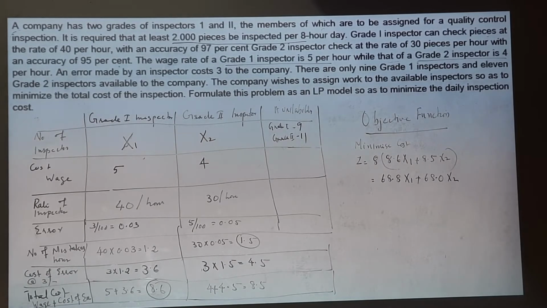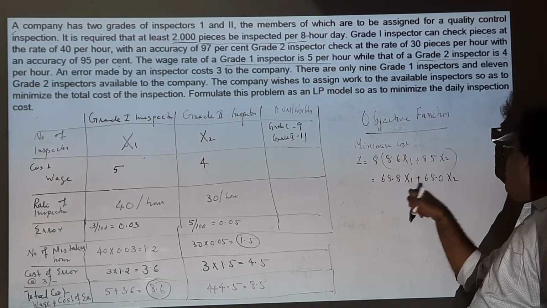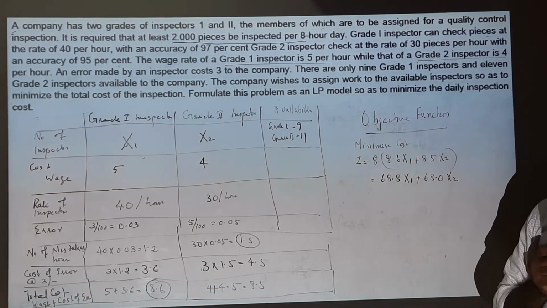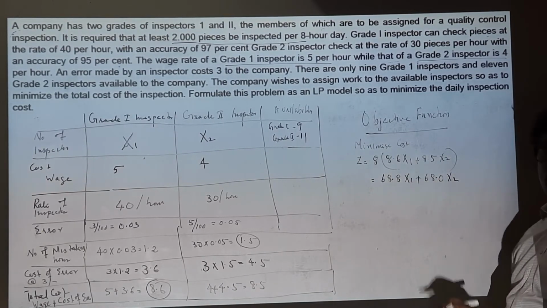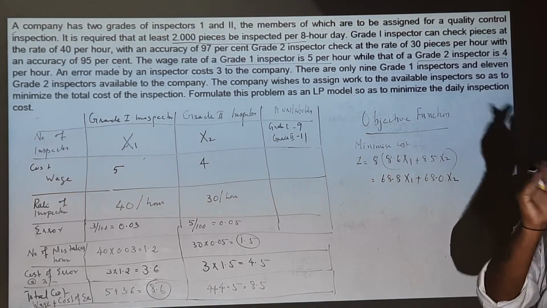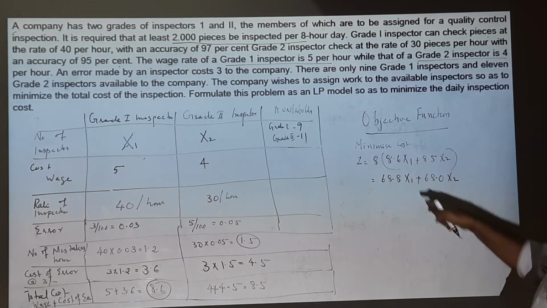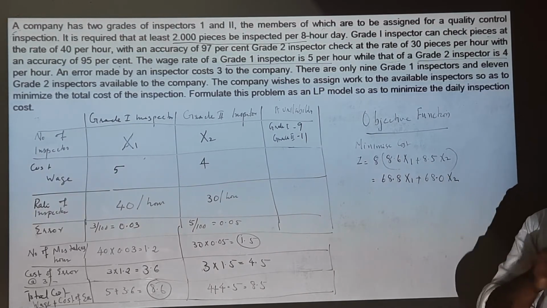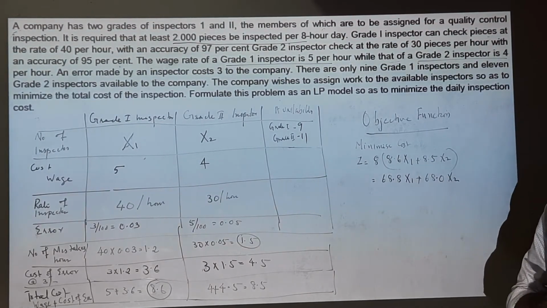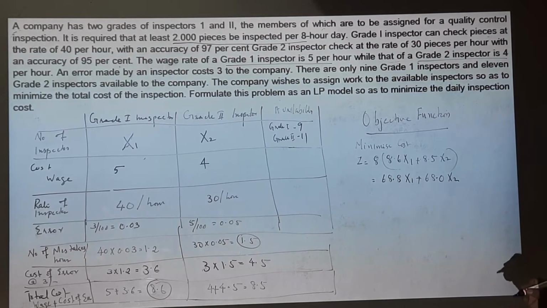Agree? So 68.8 x1 plus 68 x2. That is the total cost, and we need to minimize the cost in such a way that we choose the grade 1 inspectors and grade 2 inspectors accordingly to minimize the cost.